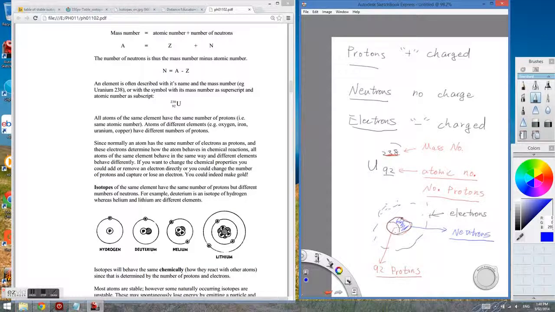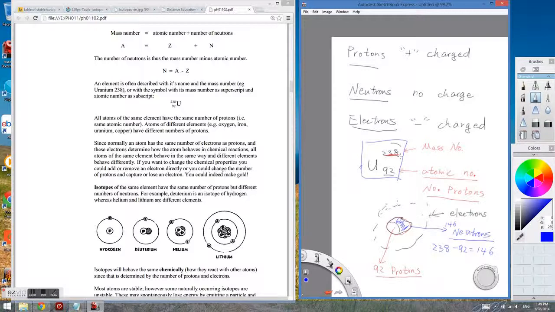The number of protons and neutrons together should be 238. We have 92 protons, so my neutrons should be 238 take away 92. Do your math. You can use your calculator, but for physics students, try to do it by hand. So we have 146 neutrons. That's what happens.